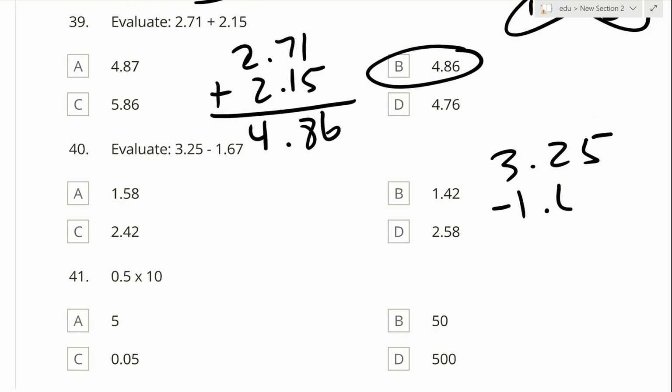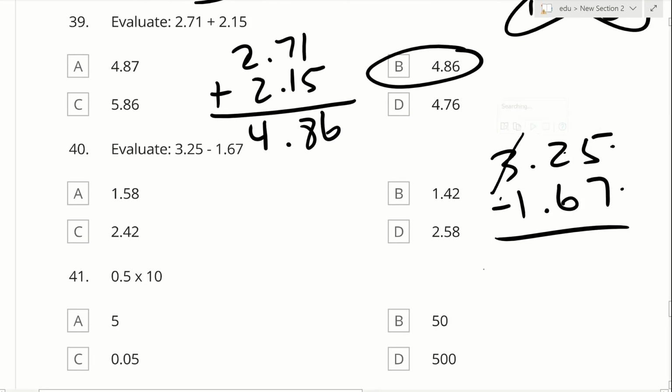3.25 minus 1.67. So I cannot do 5 minus 7 because this is a small number. This right here is a big number. I can't take 7 away from 5. Same thing over here, 2 minus 6. I can't do that because this number here is smaller than the number on the bottom. So I have to borrow from the 3.